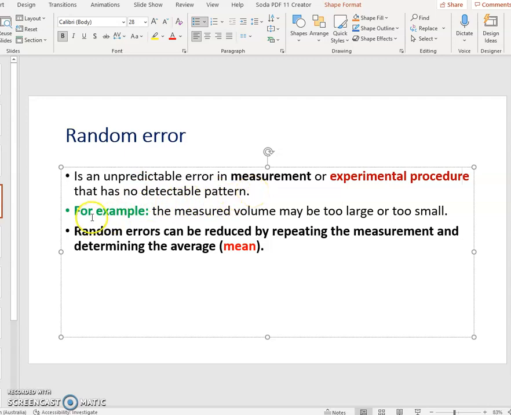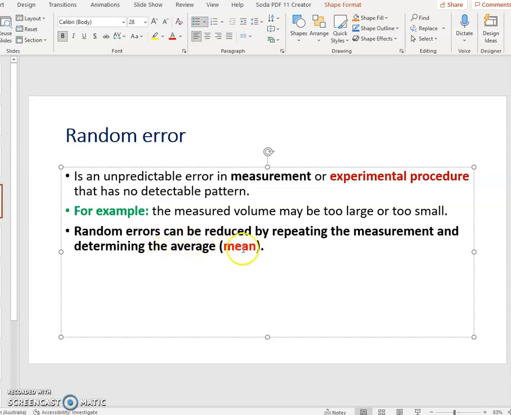For an example, the measured volume may be too large or too small. So if we were meant to measure out 10 mils of hydrochloric acid, if we measured exactly 10 mils in one trial, but measured 10.4 mils in the other trial, and we didn't know, it was just completely random, that is a random error.